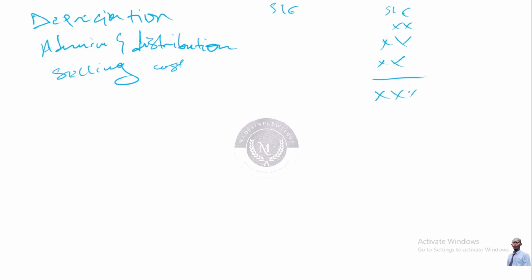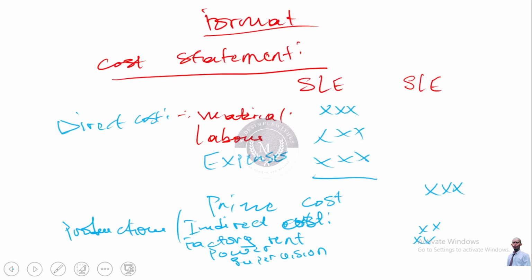Gives us our total cost. Our total cost. So this is the pro forma of a cost statement.